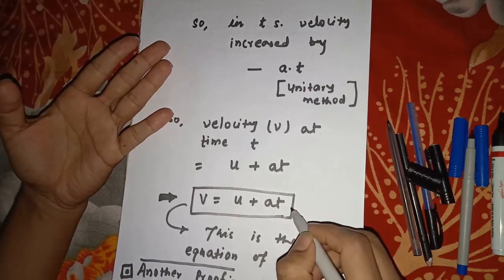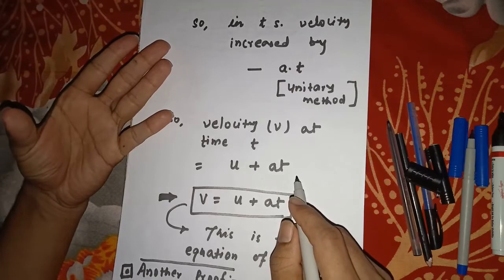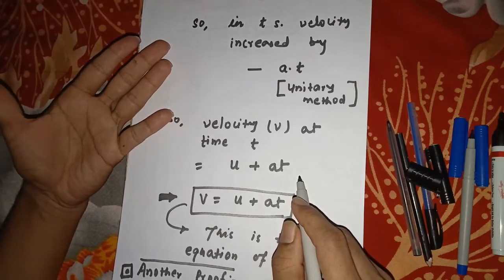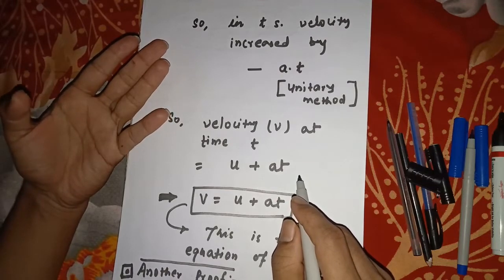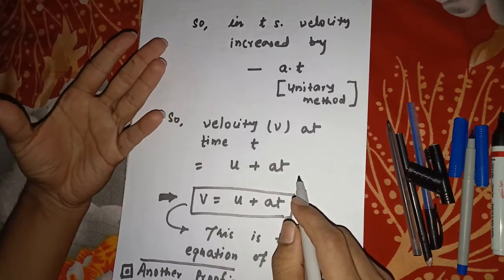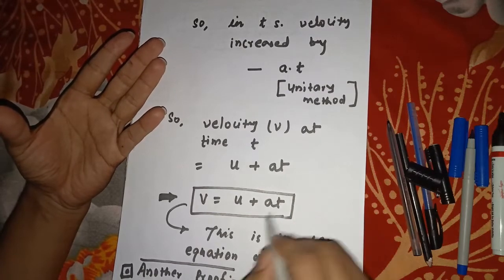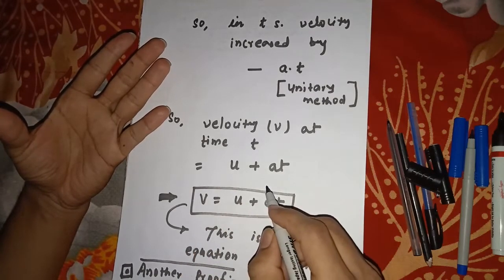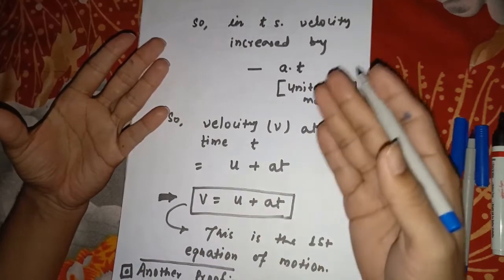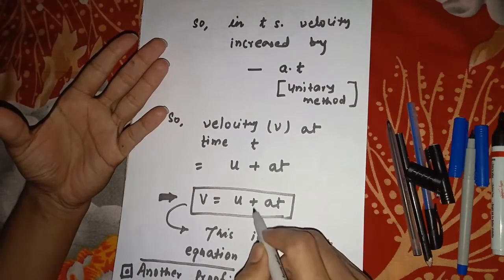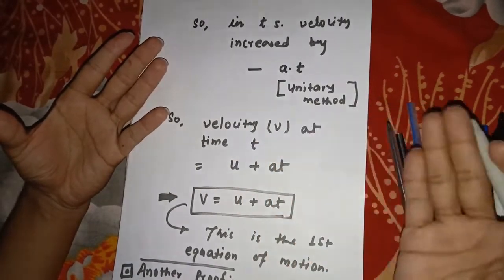Surprisingly, this expression I have already discussed in the previous lecture by using the definition of acceleration, isn't it? But this expression can be found by the idea of the rate, how the speed changes per second.